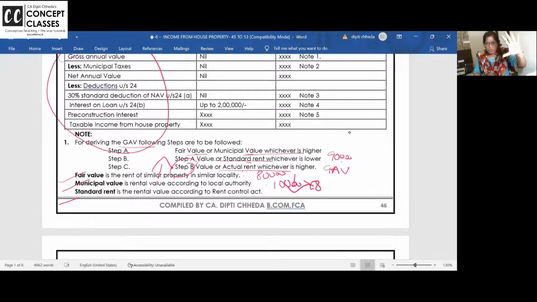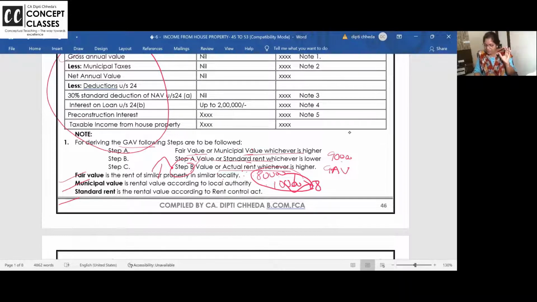So fair rent and municipal value are for 12 months and actual rent only for 8 months, because for 4 months the property, a to-let board was put up, but the property was not occupied. In that case, in the third step, step B or actual rent, whichever is higher, listen carefully: take actual rent as GAV even if it is low, if it is low due to vacancy.